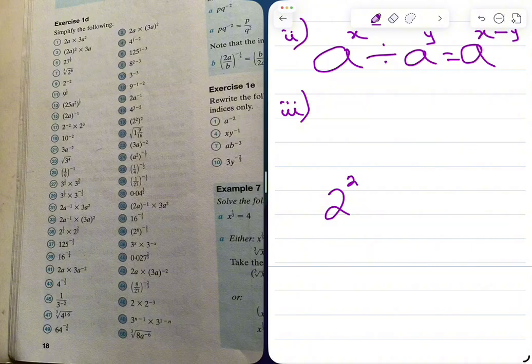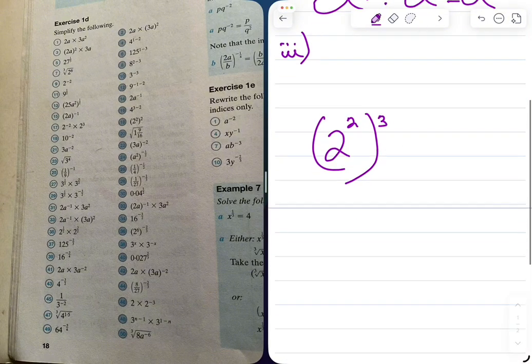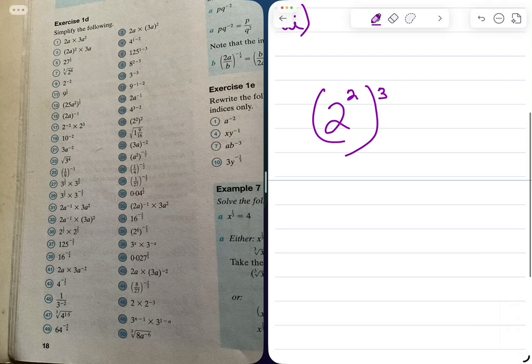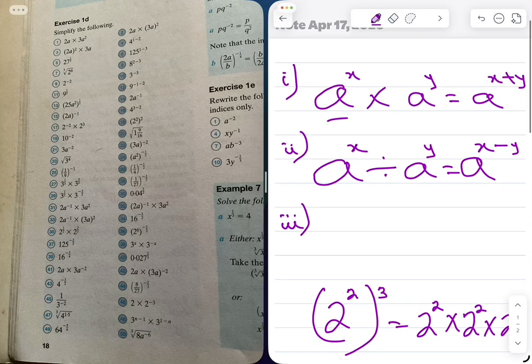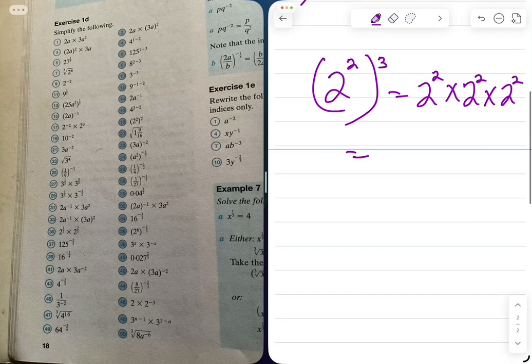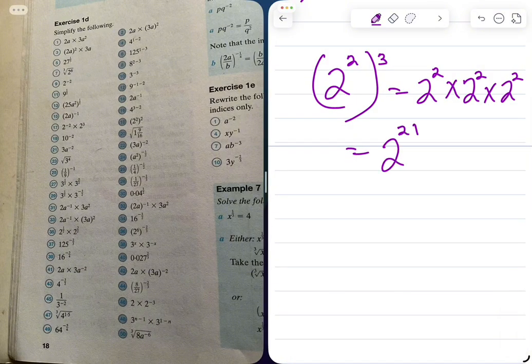2 raised to power 2 and the whole of that raised to power 3. The cube of 2 raised to power 2 is the same as 2 raised to power 2 times 2 raised to power 2 times 2 raised to power 2. And if we use the first law, that simply means 2 raised to power 2 plus 2 plus 2, which is 2 raised to power 6.